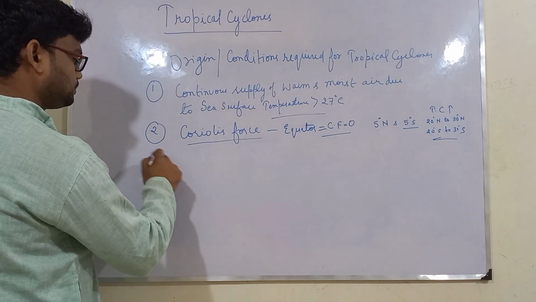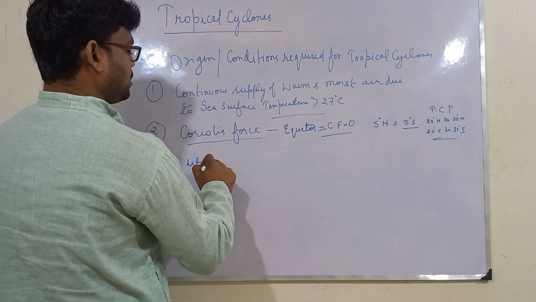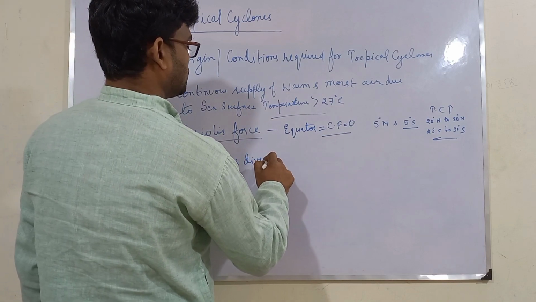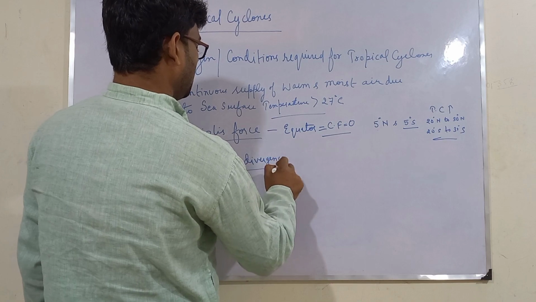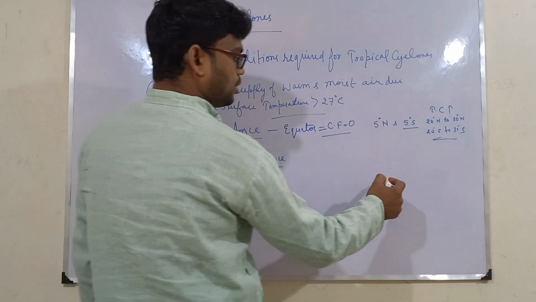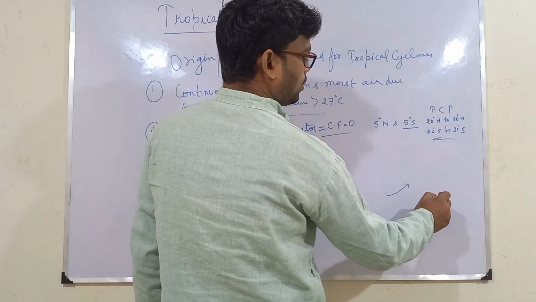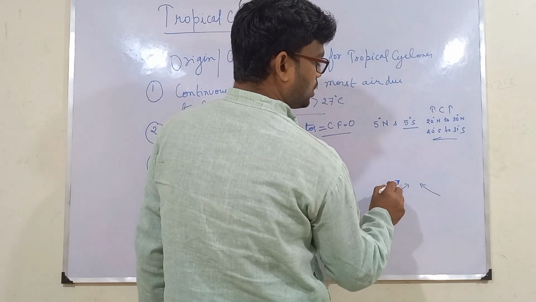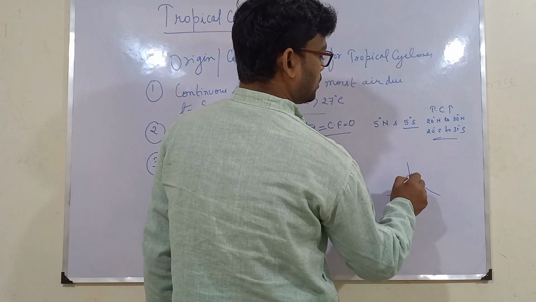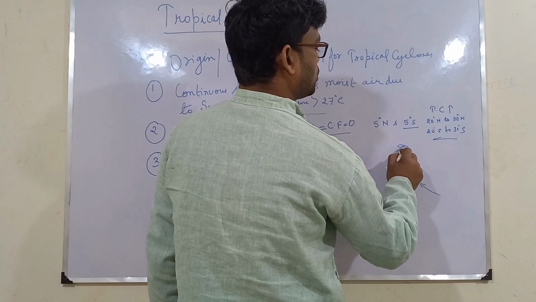What is the third one? Third one is upper air divergence. Now what is this upper air divergence? We know that the warm and moist wind which converges at a low pressure center uplifts in a rotating column or a rotating manner.